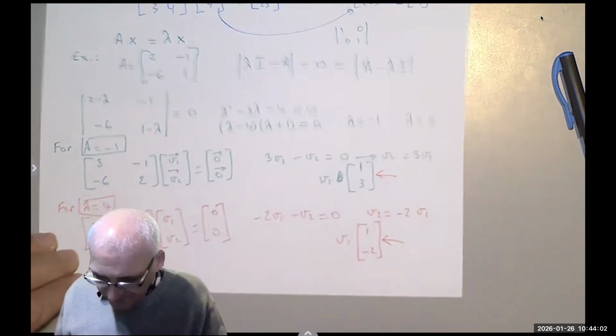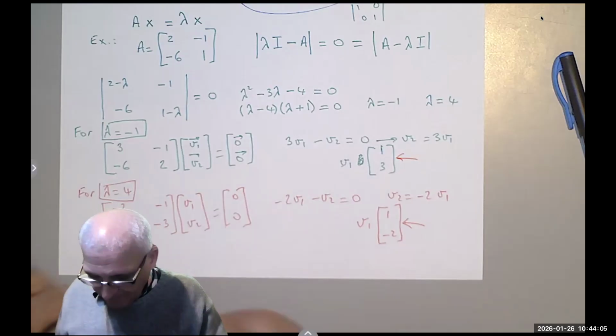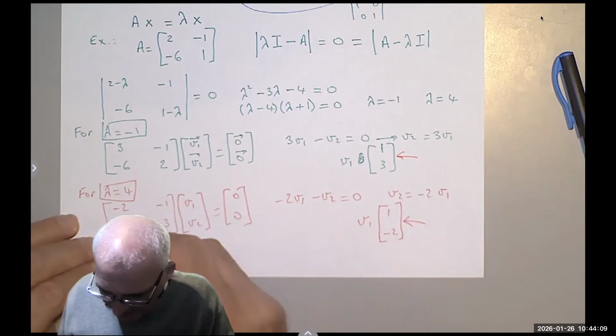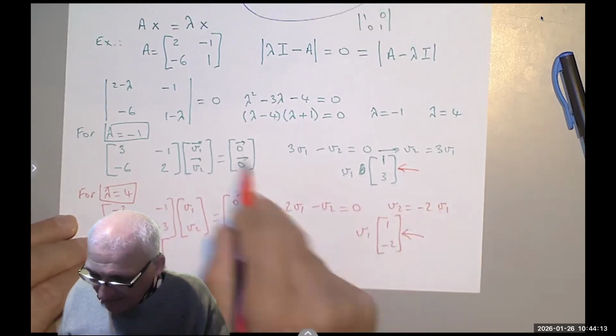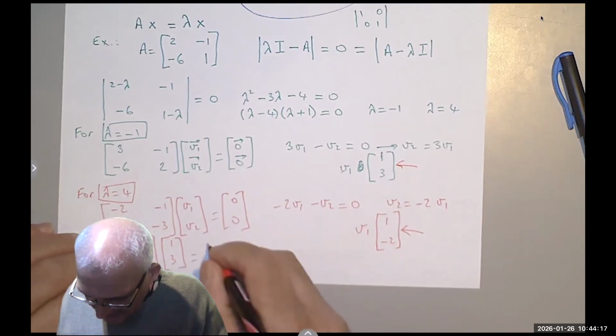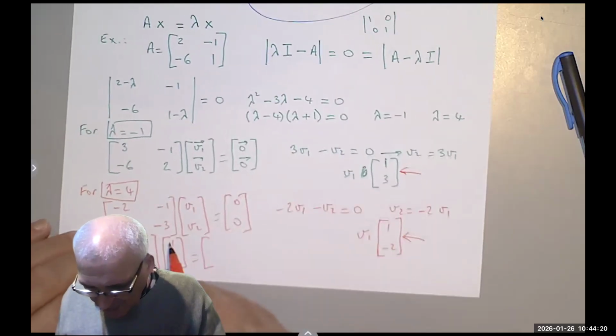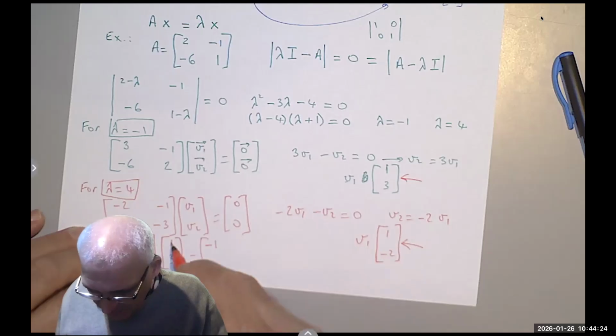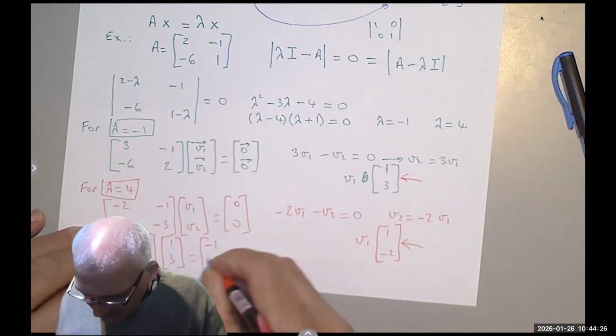So these are the vectors that if I multiply my matrix by, I will get a multiple of the vector. Let's do it. So remember, my original matrix was 2, -1, -6, 1. And if I multiply it by that vector, which is 1, 3, what do you think we will get? Let's do it. 2 times 1 is 2, minus 3 is -1. -6 by 1 is -6, plus 3 is -3.